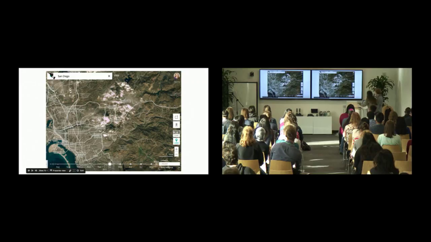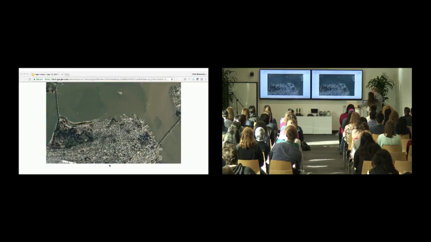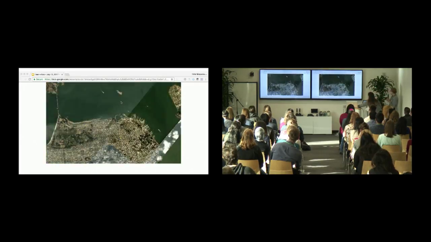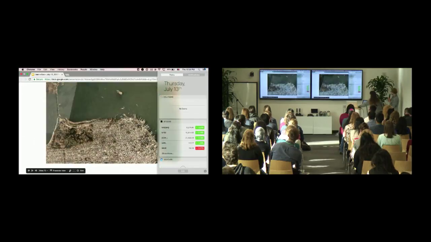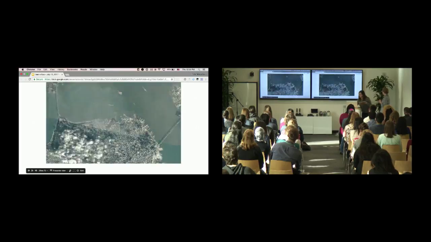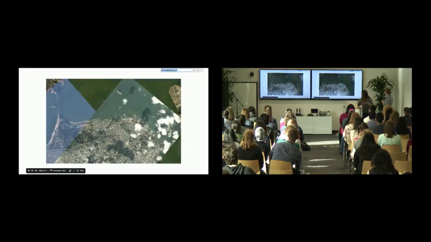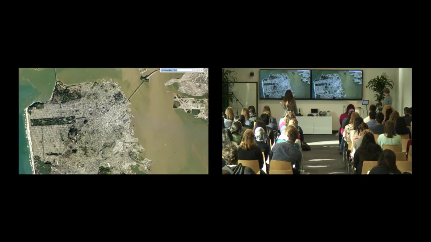Just click in the middle of it, maybe. It's supposed to go automatically. Well, this is an animated GIF failure on my part. Oh, here we go. Let me go back. No, that's okay.